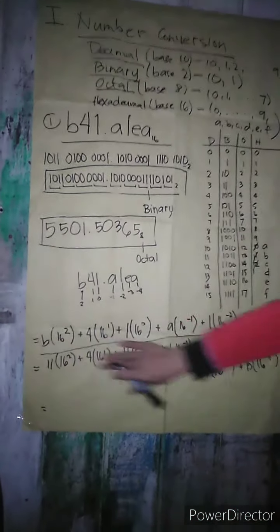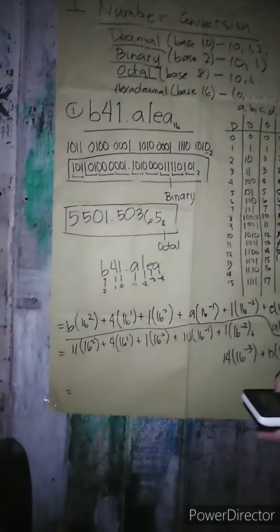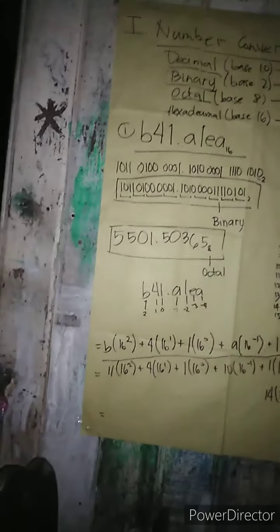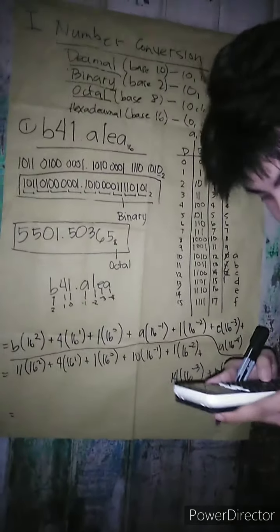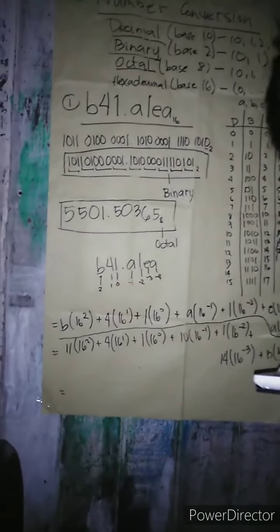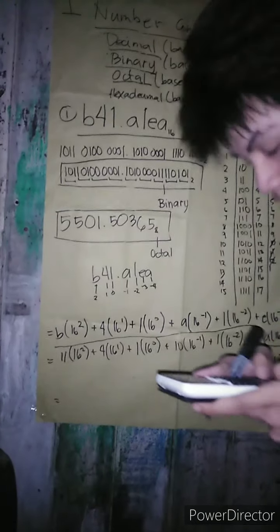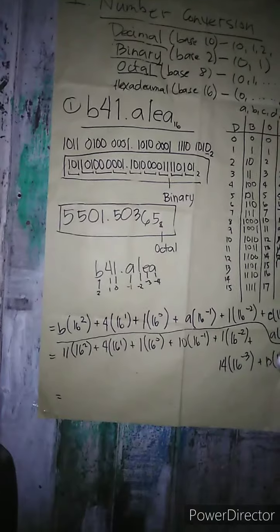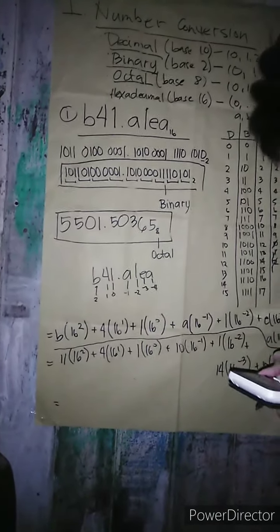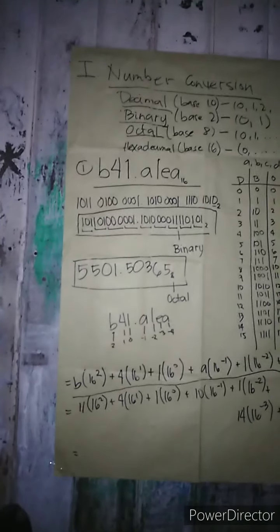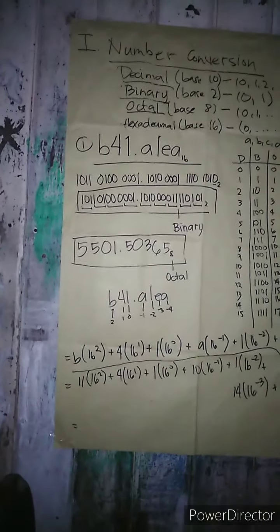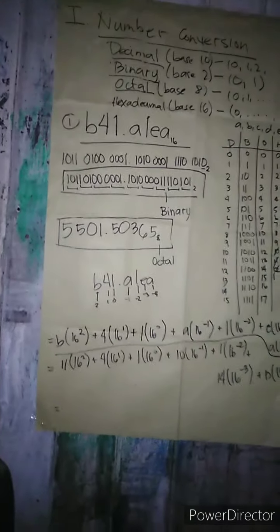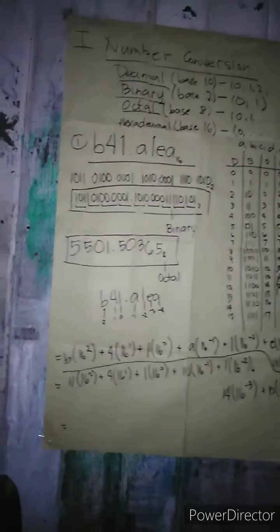Then, for this one, all we have to do is use a calculator to simplify this thing. So we will have 11 times 16 squared plus 4 times 16 to the 1 plus 1 times 16 to the 0 and continue with 16 to the negative 1 plus 1 times 16 to the negative 2.